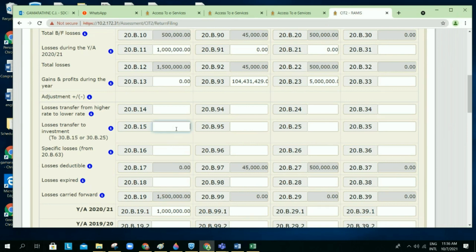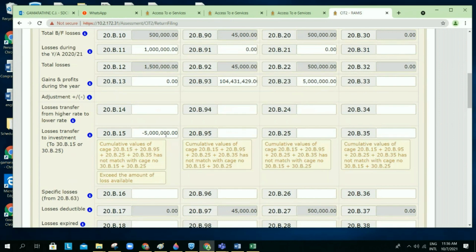Then you have to enter a minus value here. Suppose 500. When I enter 5 million, which is more than the available loss, an error message is provided: exceeds the amount of loss available.